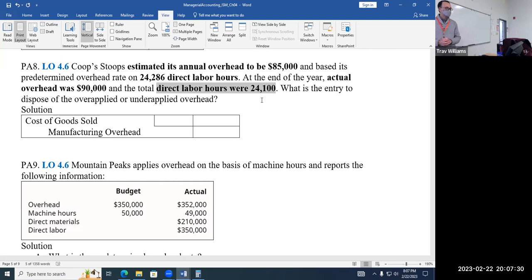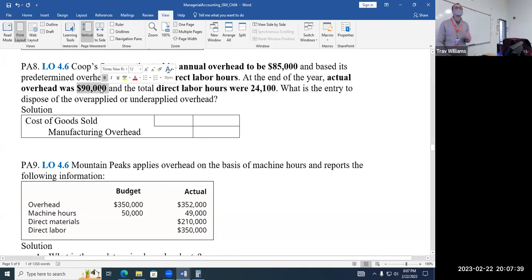So the estimate was 85,000, the actual was 90,000. How do we figure out the applied overhead for the year?